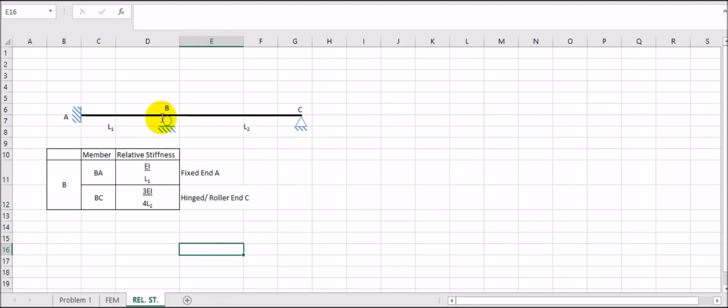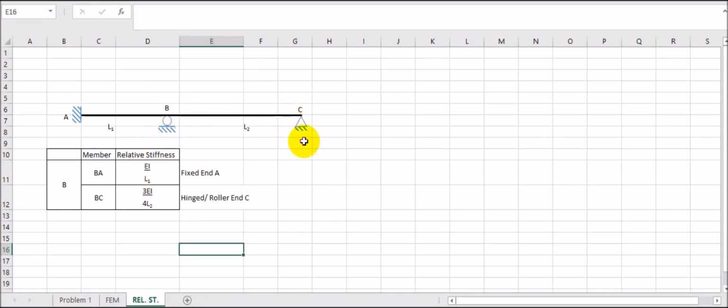Here B is my intermediate support, and the two members it is connecting are BA and BC. If the far off end is fixed, that is for BA, then the relative stiffness formula is EI by L1, where L1 is the length of member BA. Very easy. If my far off end is fixed, then this is the formula to be used.